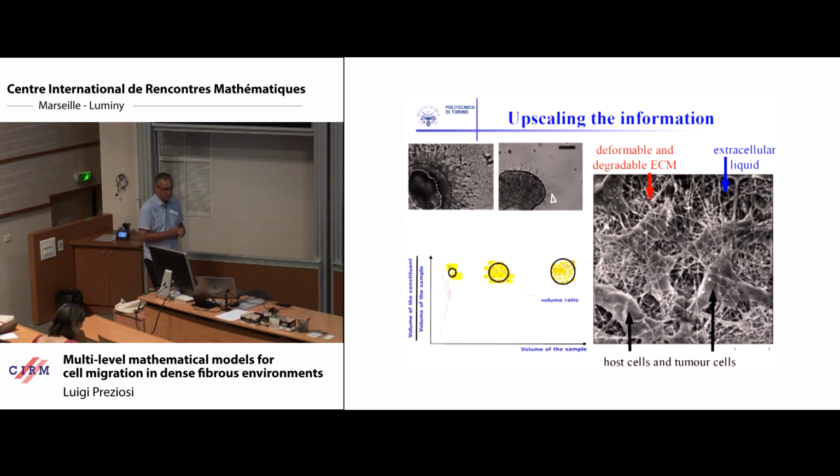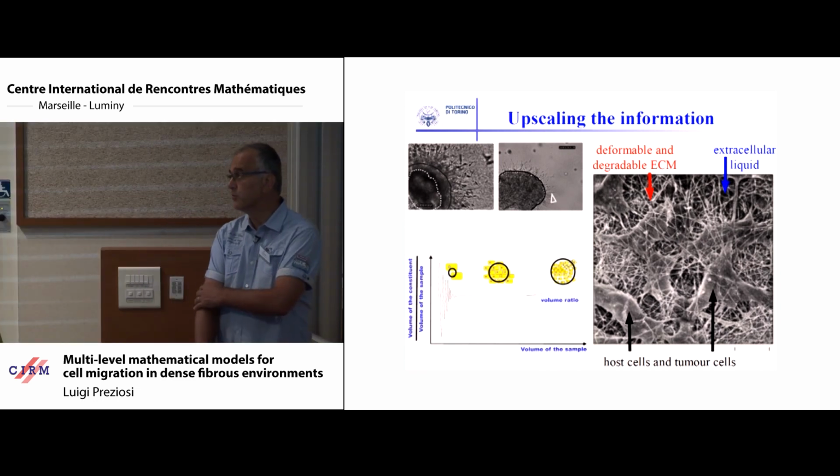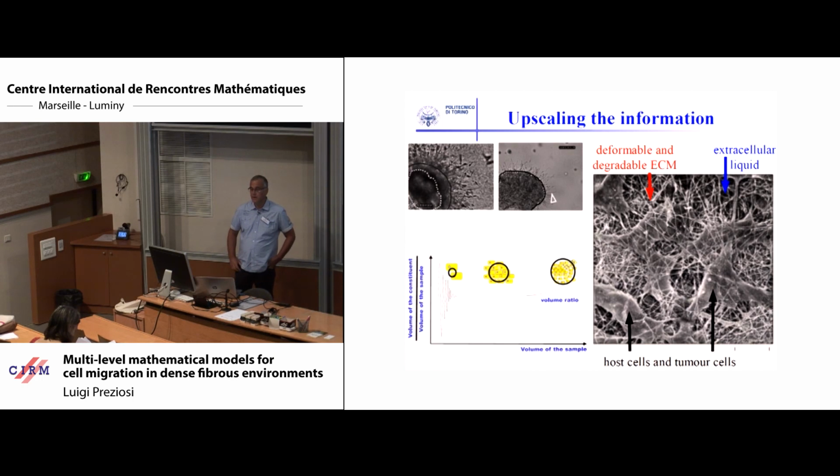Okay. So in order to do that, I introduce a concept which is the volume ratio, which is often used instead of the density, just because you're not weighing the cell, but you are looking at the cell at the microscope and you are measuring the percentage of space occupied by the cell.